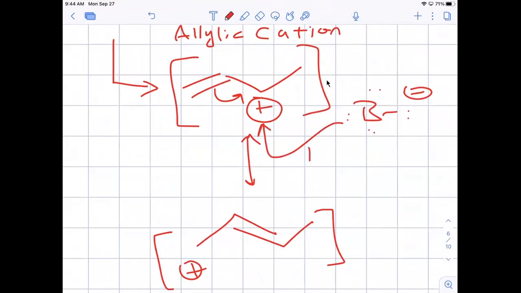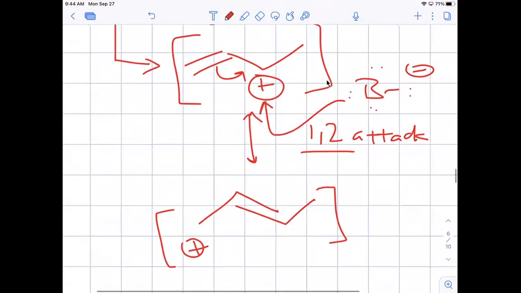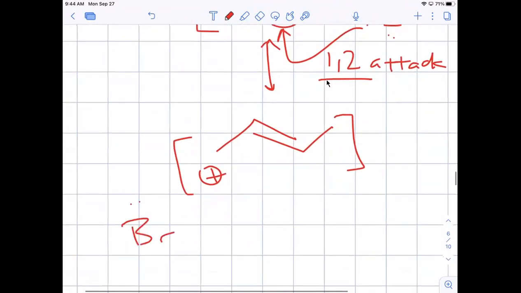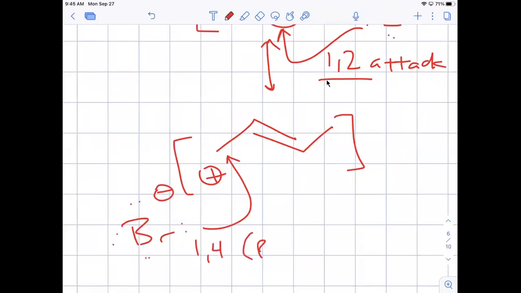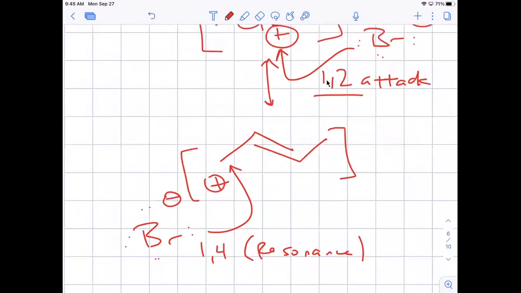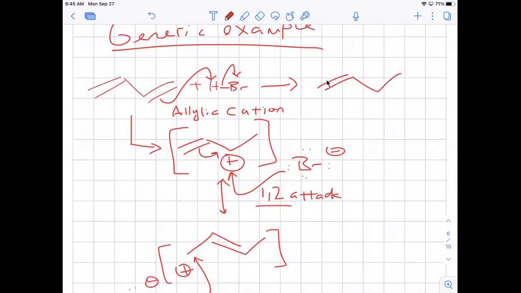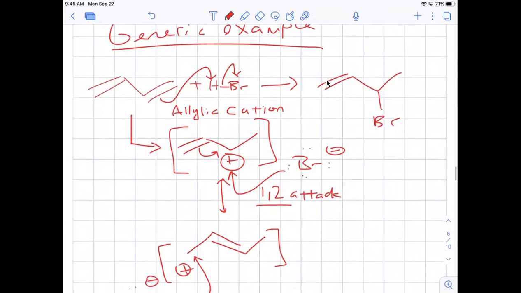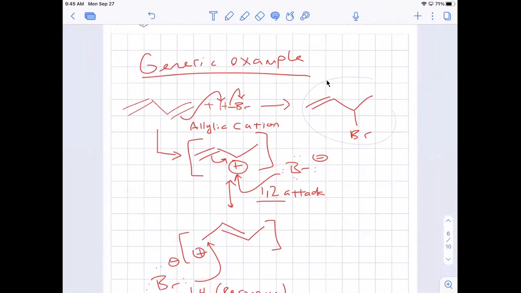We call that 1,2. Or it can attack here, like so. We call that 1,4 attack. You can also call it resonance attack. All right, so that's going to actually give me two products. One with the bromine here, and I gotta shrink that down just a tad.